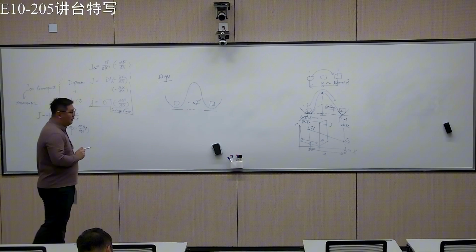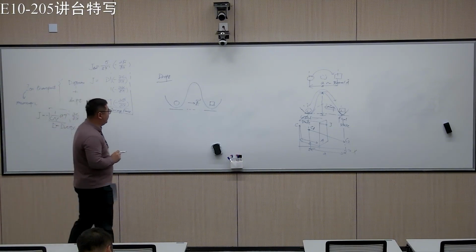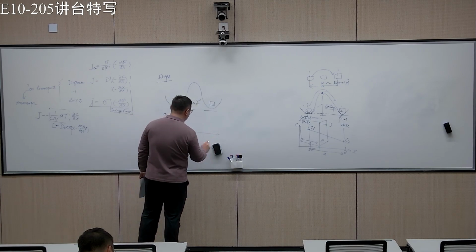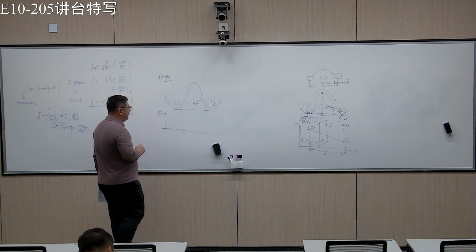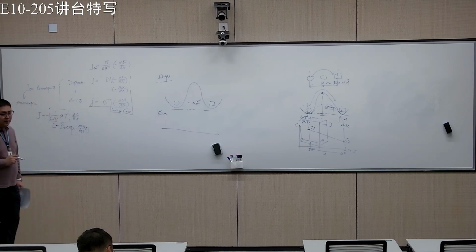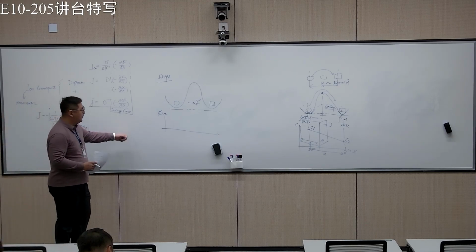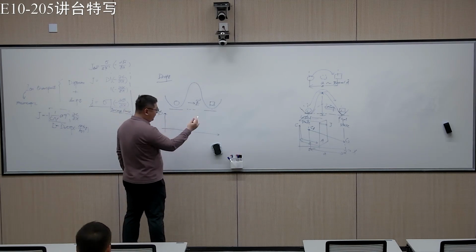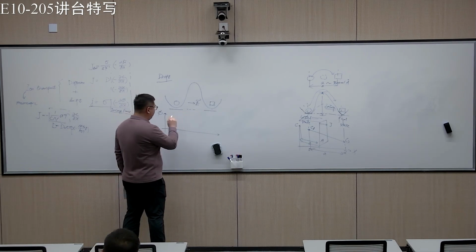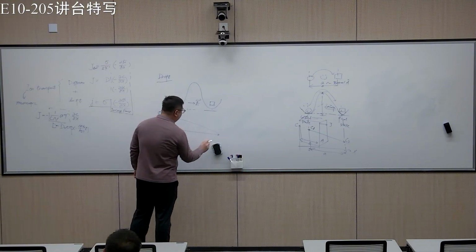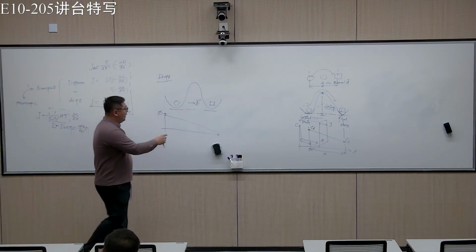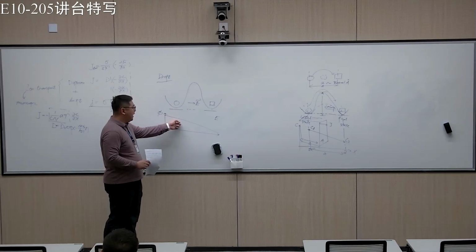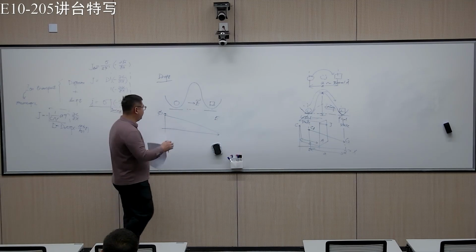What the electric field does is cause a change of phi, which means the electrostatic potential. If I apply the electric field that way, and E is a constant, then we have something like this for the electrostatic potential.